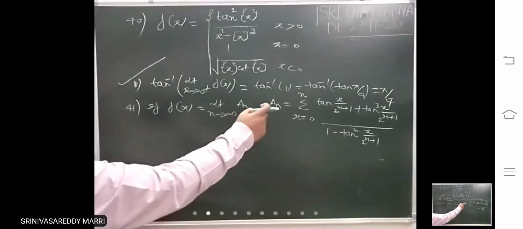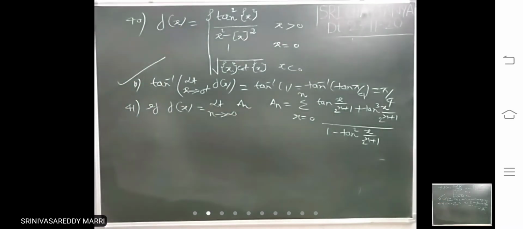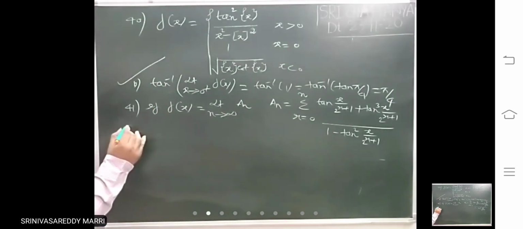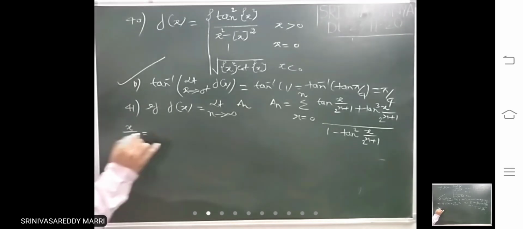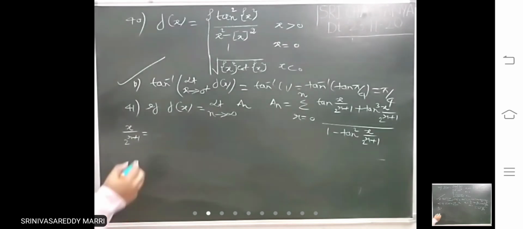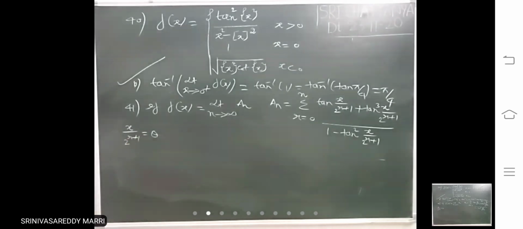That means first you have to evaluate this a n, and then we have to find limit n tends to infinity of a n. So look at a n, I am evaluating first. For convenience, let us take x by 2 power r plus 1 equal to theta.